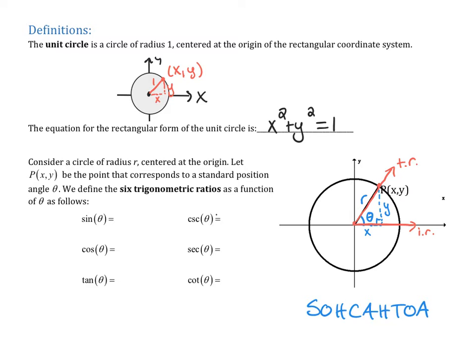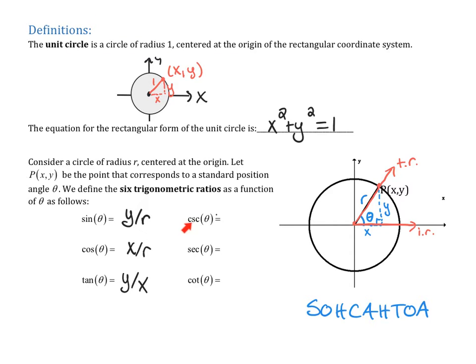So the sine is the y value divided by r. The CAH in SOHCAHTOA means cosine is adjacent over hypotenuse, so x over r. TOA, tangent, is opposite over adjacent, so opposite is y and adjacent is x.